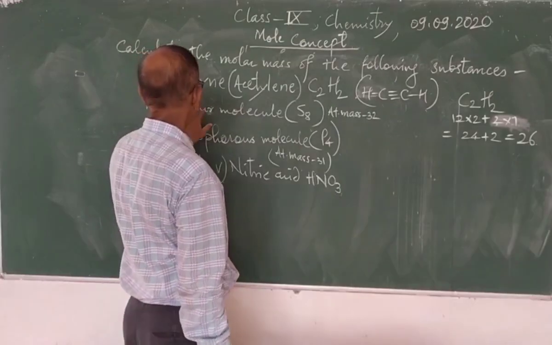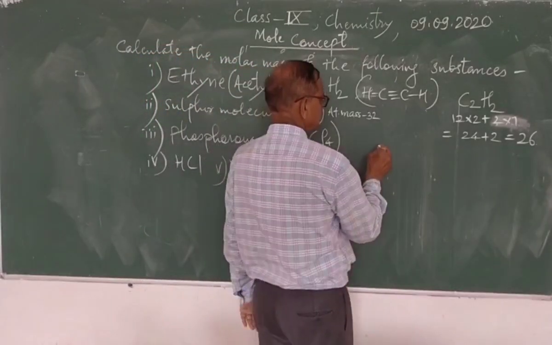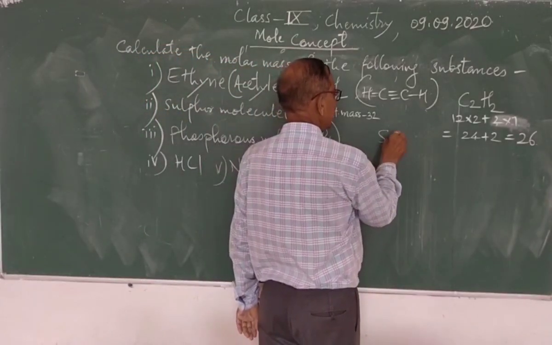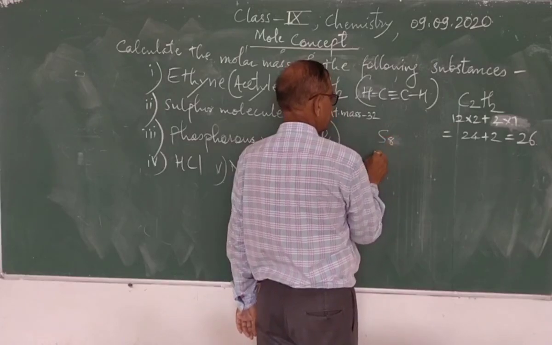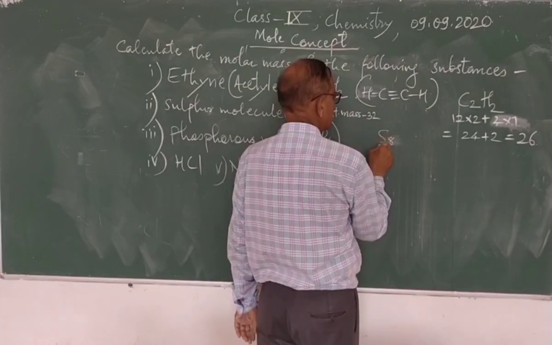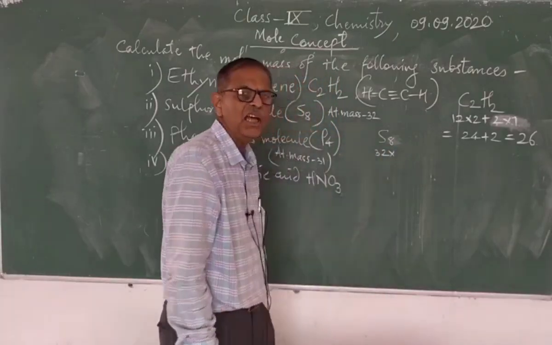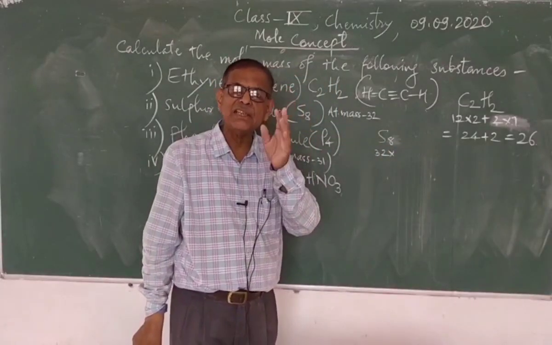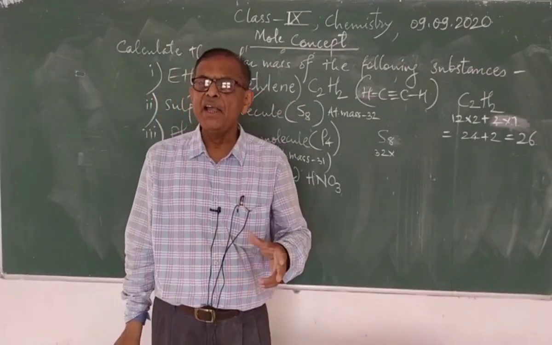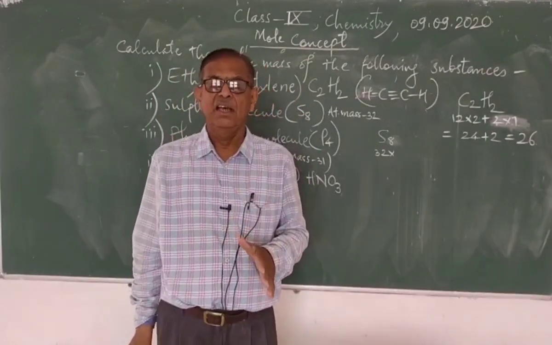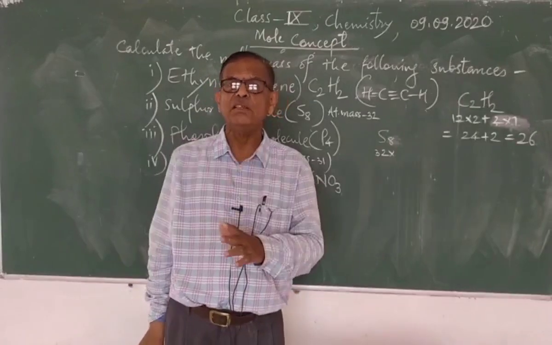Then sulfur molecule, S8. Atomic mass of sulfur is 32, and the sulfur molecule is octatomic. S means an atom of sulfur, and S8 is the molecule of sulfur.